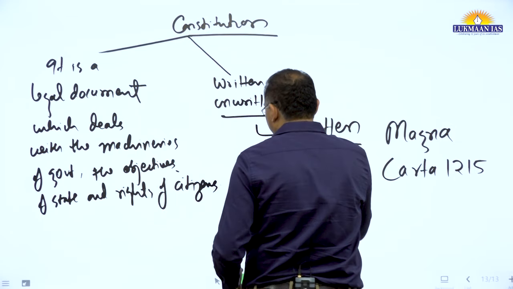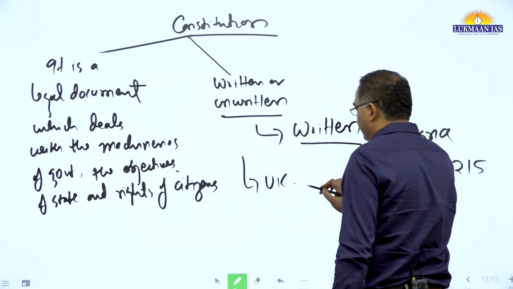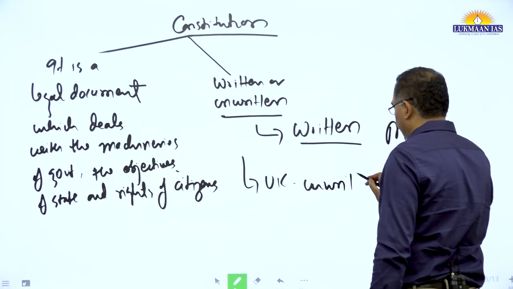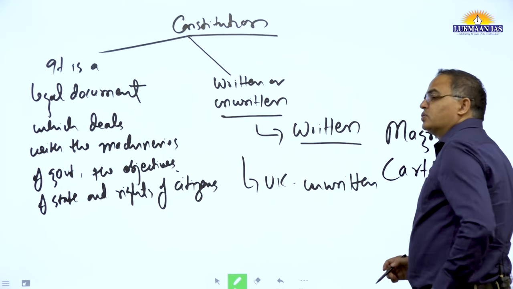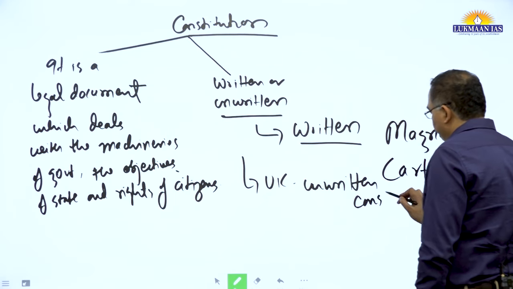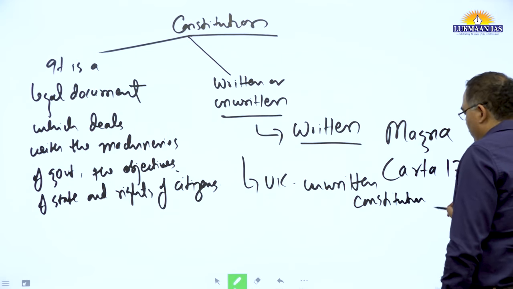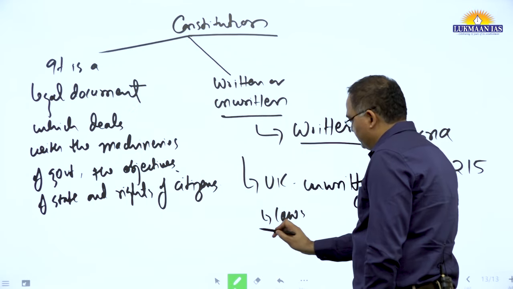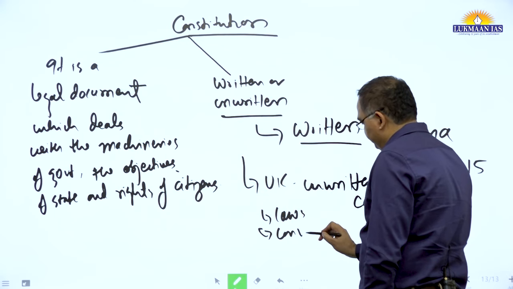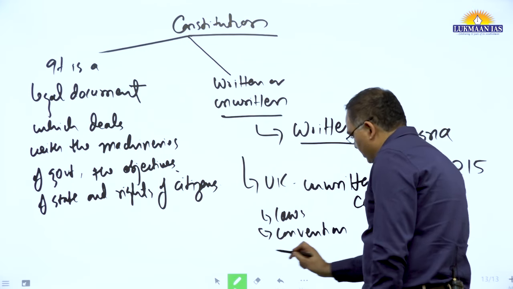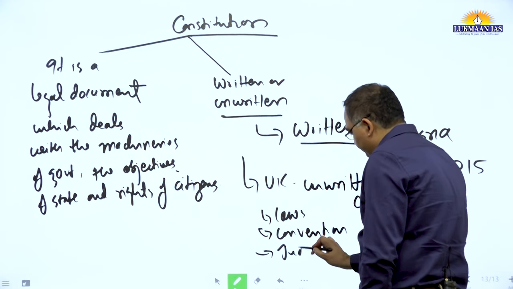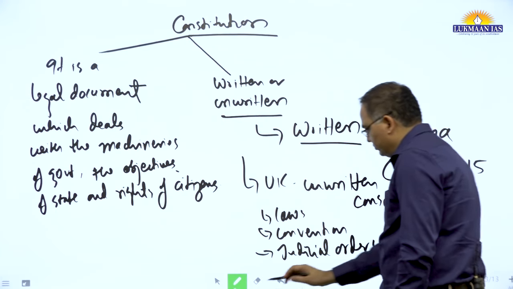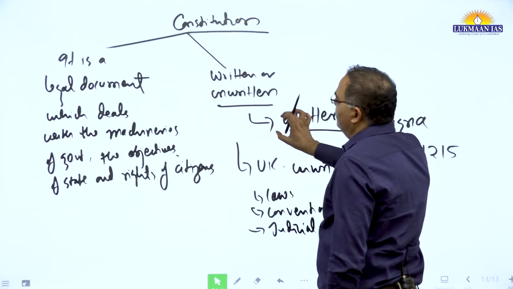Any country, like the UK, has an unwritten constitution. So an unwritten constitution will consist of laws, conventions, judicial orders, legal books.